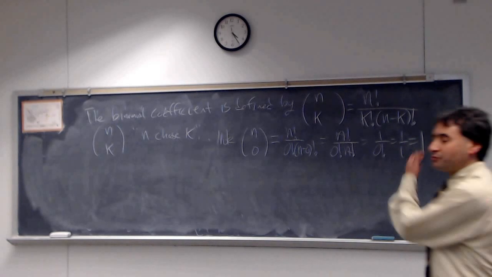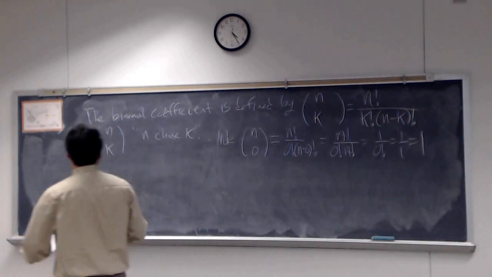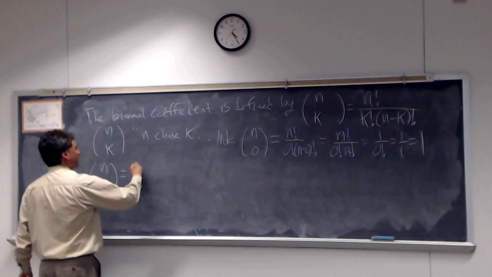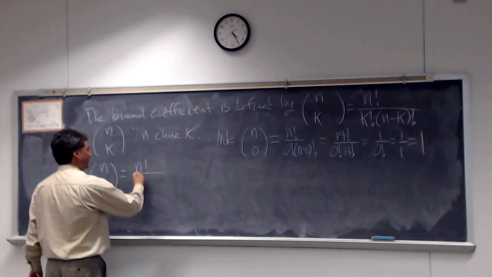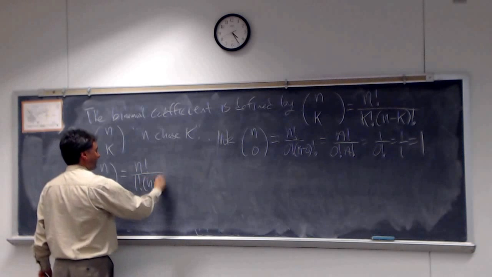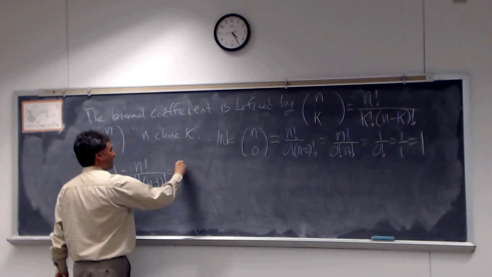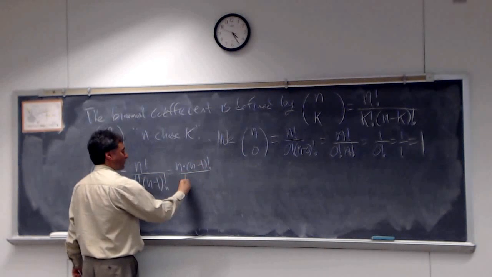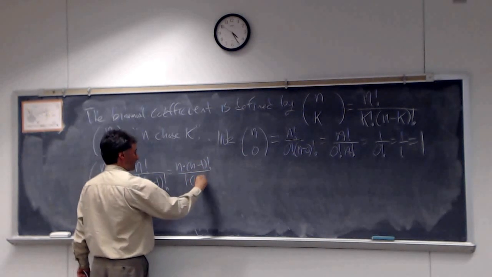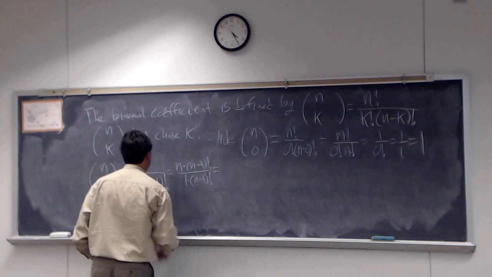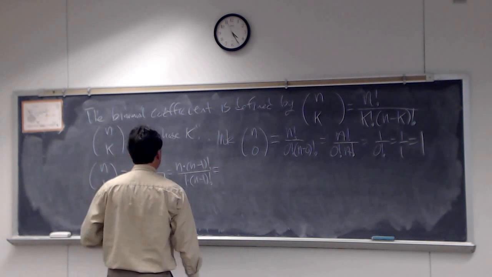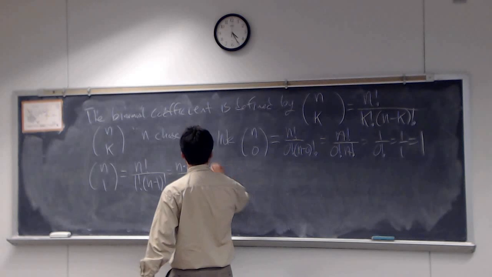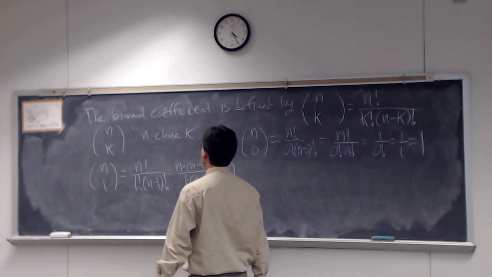So n choose 0 is 1. n choose 1 would be n factorial over 1 factorial times n minus 1 factorial. But n factorial is just n times n minus 1 factorial. 1 factorial is 1. So these cancel, and we have n.